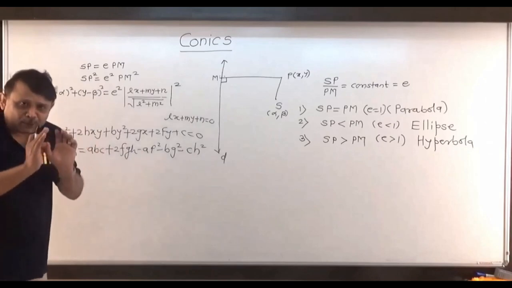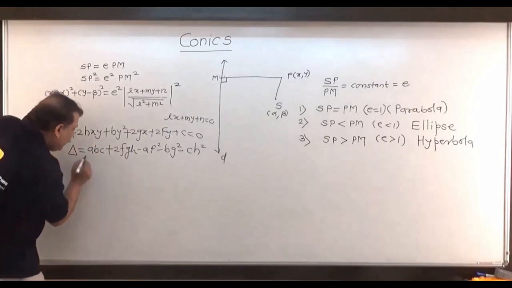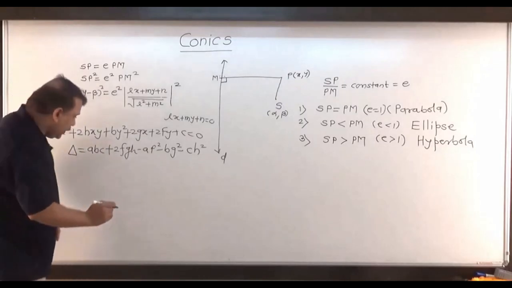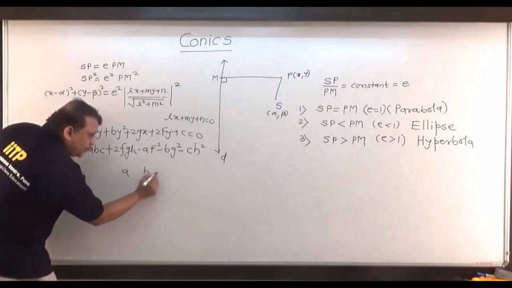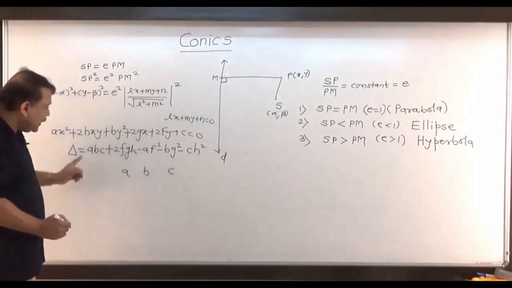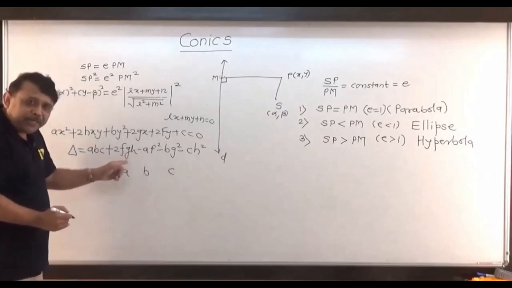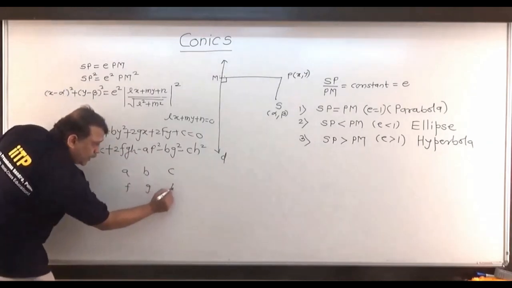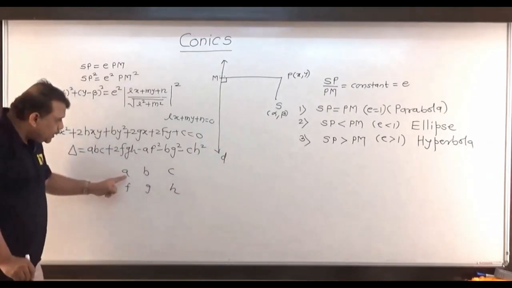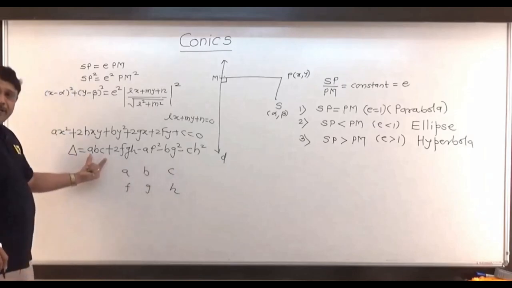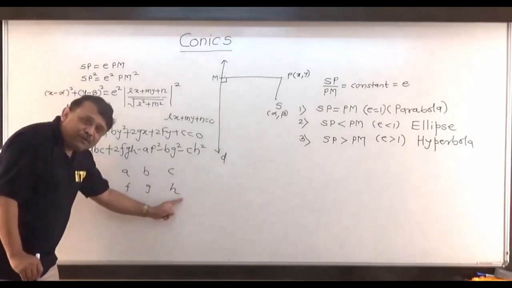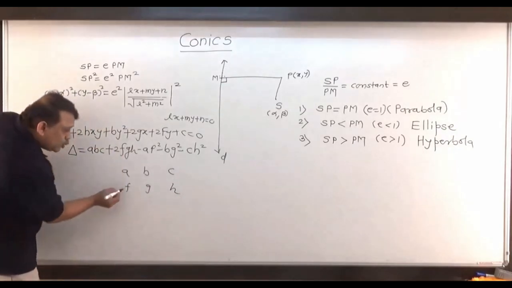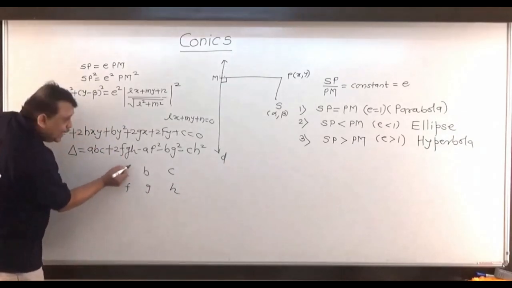I'll give you an idea to remember this. We can write these alphabets in alphabetical order. Suppose A initially, then B, then C. Then there is no D, there is no E, but there is FGH. So write here FGH. First you take the product of these three. Then you take the product of FGH and multiply it by 2. Then square F and multiply it by A, and subtract.